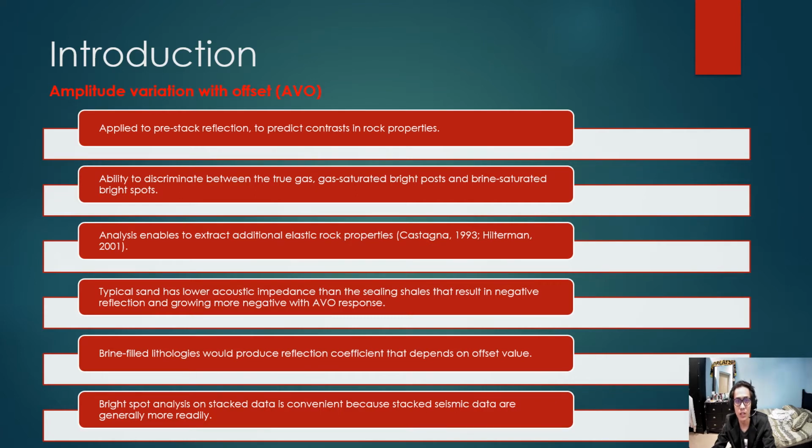So next, AVO analysis thus enables us to extract additional elastic properties from different ranges of offset within the pre-stack seismic data.